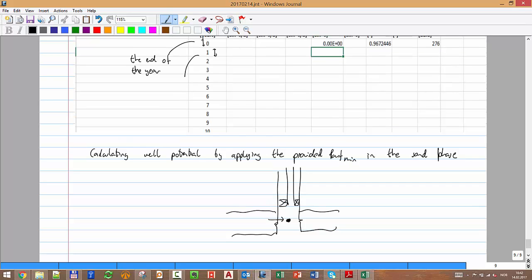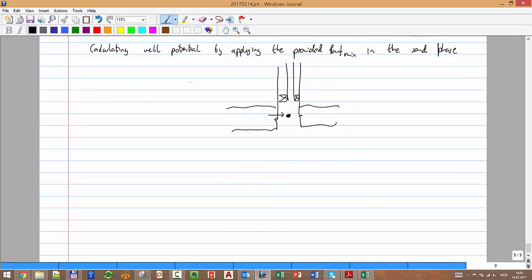So I first apply that PWF min, and what I will obtain from the IPR equation, QG equals C times PR squared minus PWF min squared, for that particular time, is QG potential, the Q that I could potentially produce, the maximum rate that the well can produce.